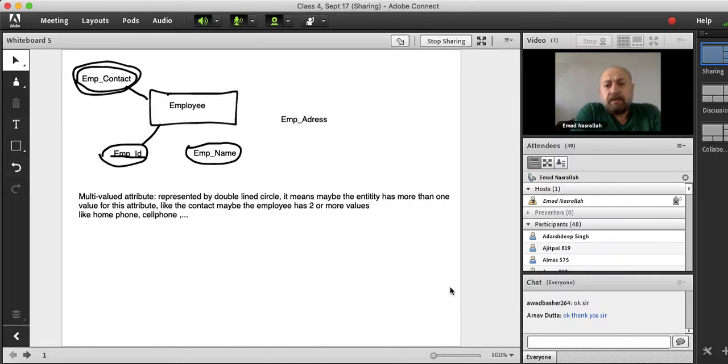Okay guys, you understand the idea of multivalued? Now let's go to the address. Suppose we need more details about the address, like the street number, the house number or the building number, the street name, the city, the postal code.